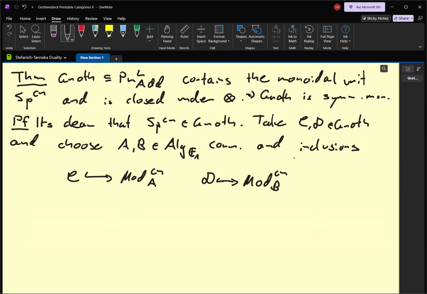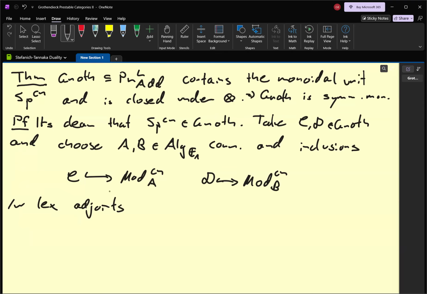And so the strategy is just to exhibit C tensor D as again some kind of localization of some module category. Okay, I forgot to say this maybe: these guys here, of course, have left exact adjoints.